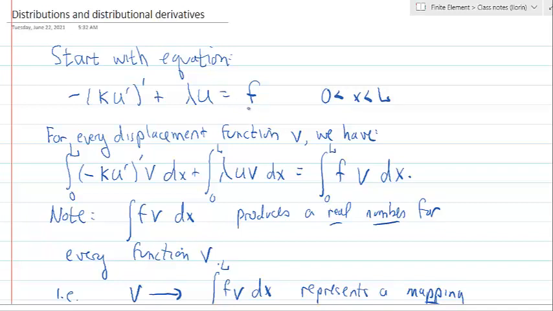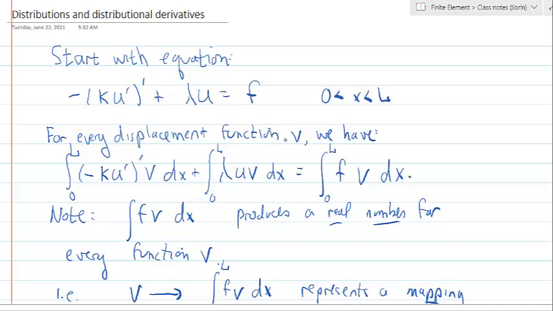In this interpretation, f is a force. Now force is associated with work or energy. If you take a force and you apply it over a distance, that produces work or energy.